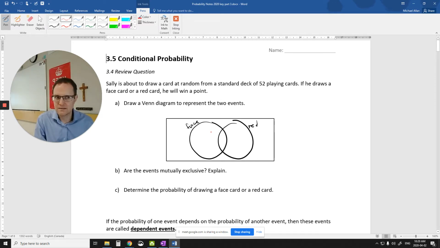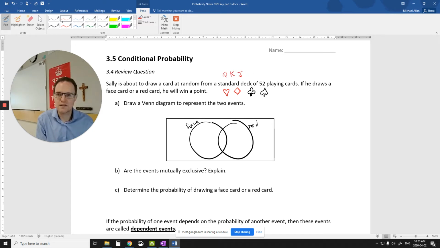That's my guess. If we look at red cards, we've got hearts and diamonds. Black cards are clubs and spades, right? In each suit, we have a queen, a king, and a jack.